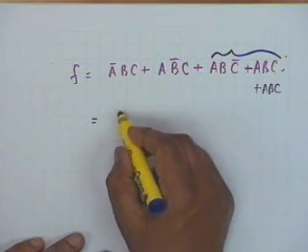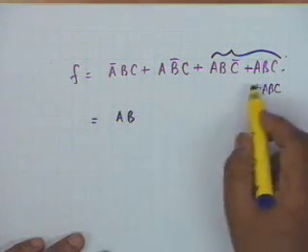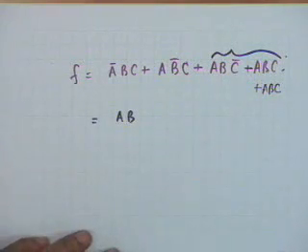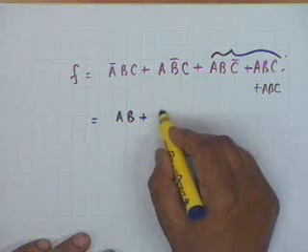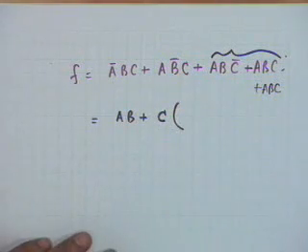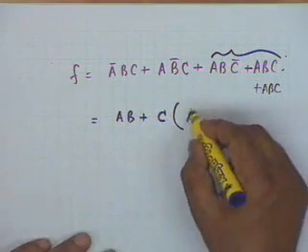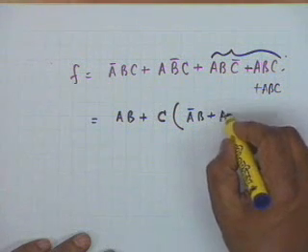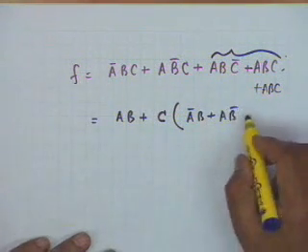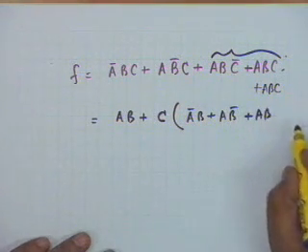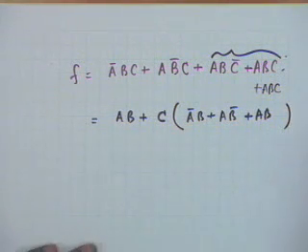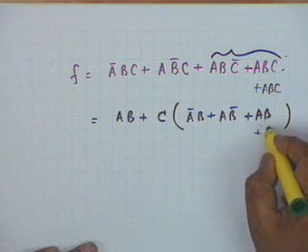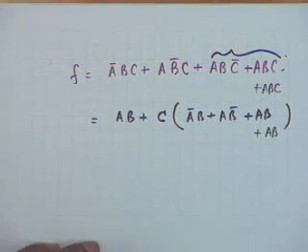Then we get AB, C or C bar, 1. Therefore it is simply AB. And from the rest we take C common. Then we get A bar B plus AB bar plus AB.